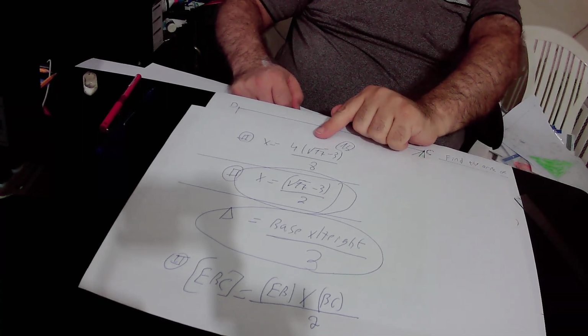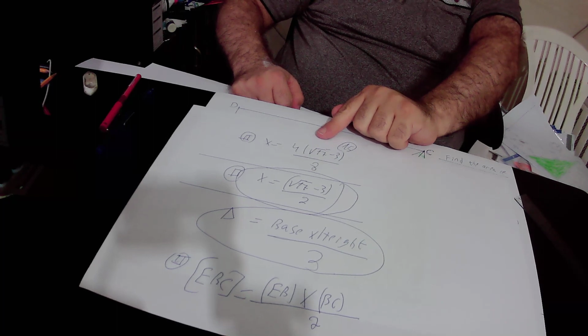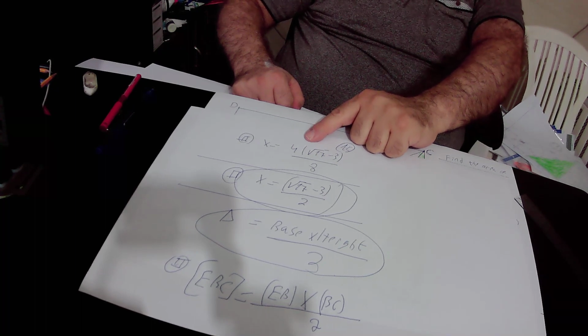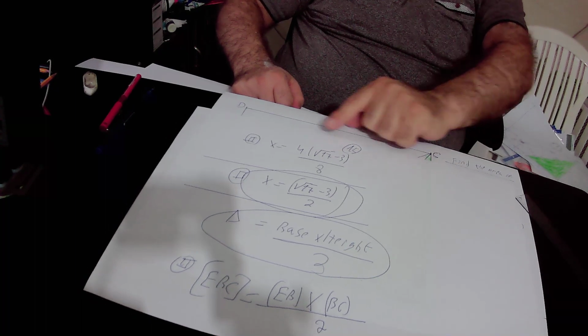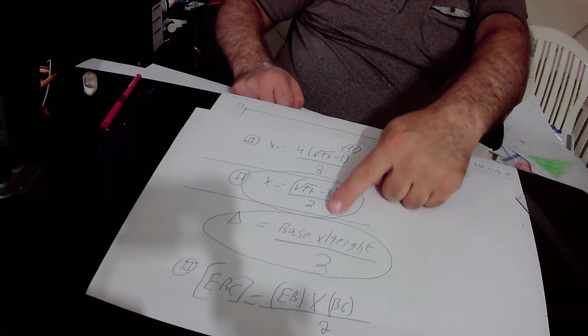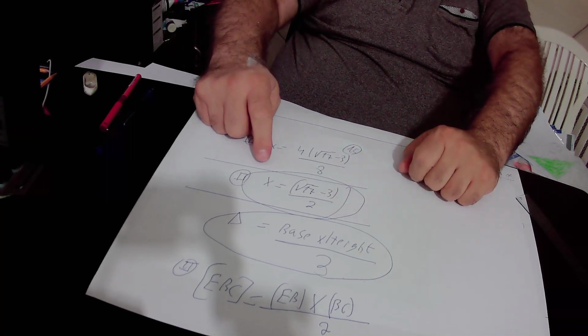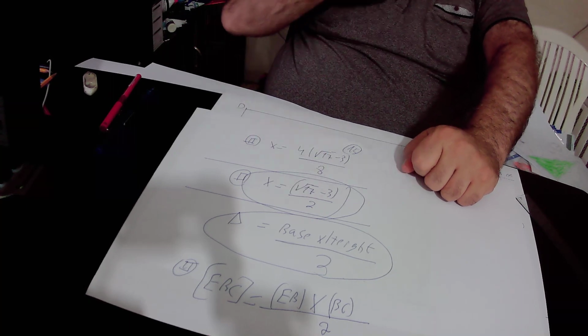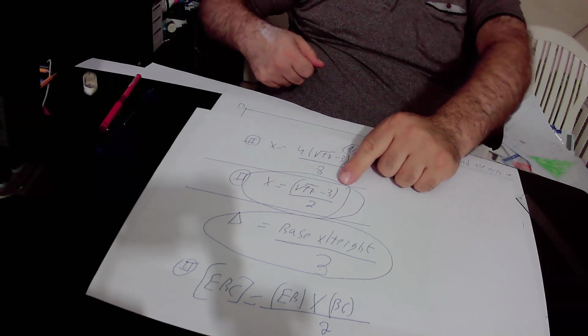Here we divided this equation number 4, equation number 2 by 4. 4 over 4 is 1, so 4 will get cancelled. 8 over 4 is 2, so in total we got that x equals square root of 17 minus 3 over 2. So we found out the value of x.